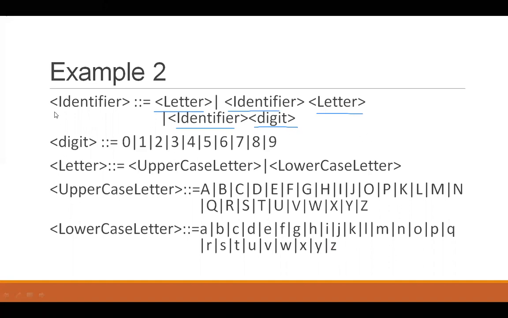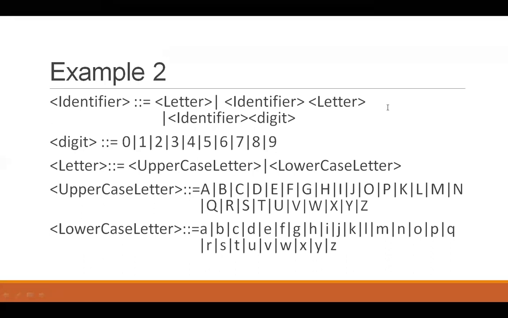So what we have said is that the identifier non-terminal can be a letter, and then we went ahead and defined the letter in terms of uppercase and lowercase, and then defined them in terms of terminals. Now when the compiler sees an identifier, it can easily make sense of whether it's a valid identifier or not.